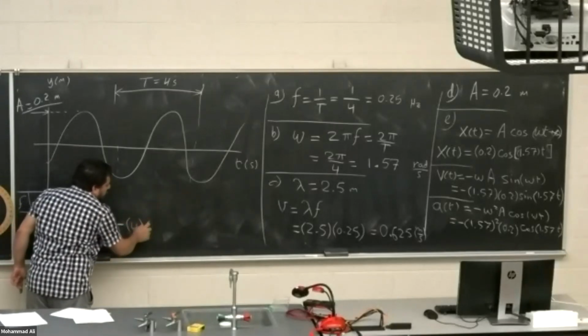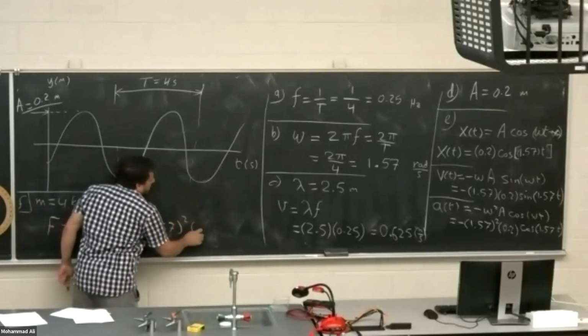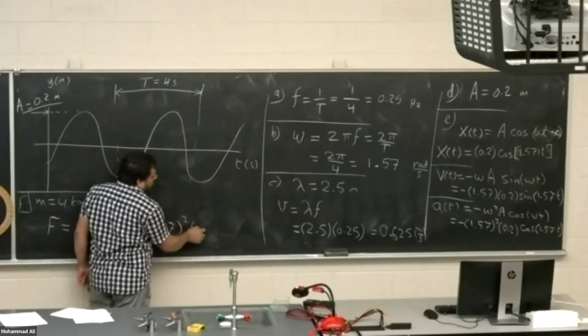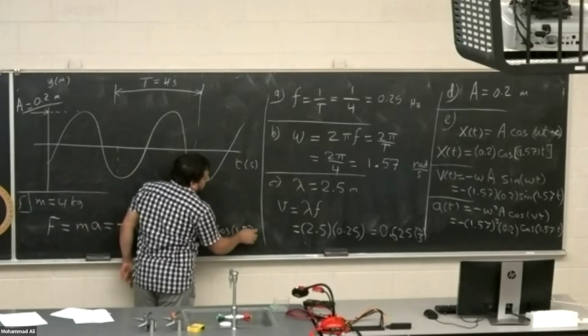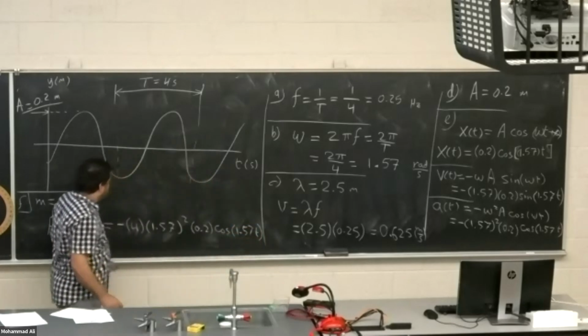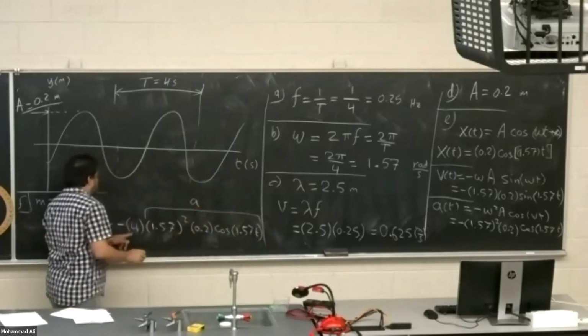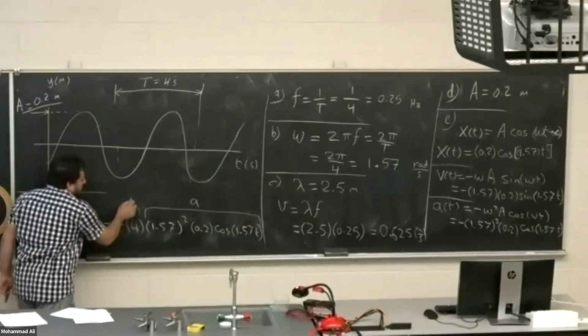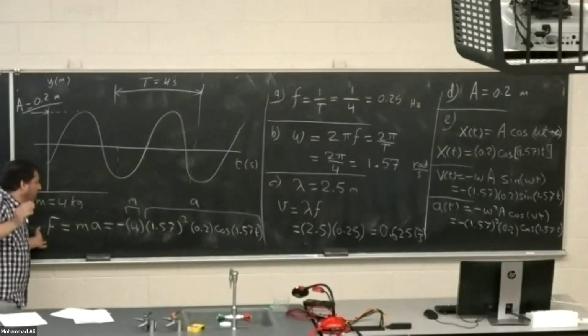It is 4 multiplied by 1.57 squared multiplied by the amplitude, 0.2, cosine 1.57 t. This is the acceleration, and this is the mass. It's Newton's second law. We know it. And as I told you, the final exam is not comprehensive, but our material depends on the first material. Okay?